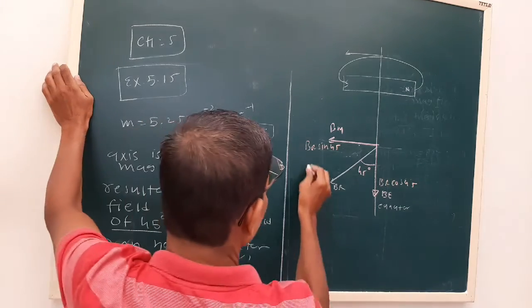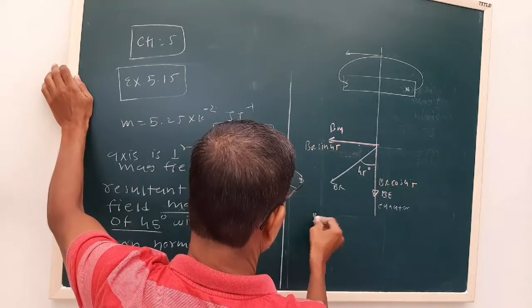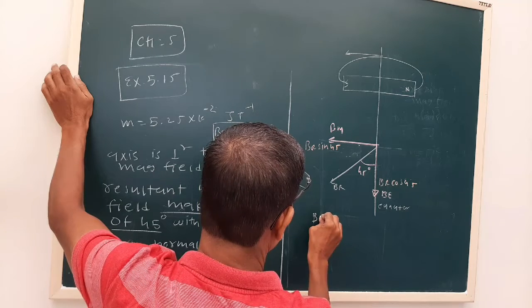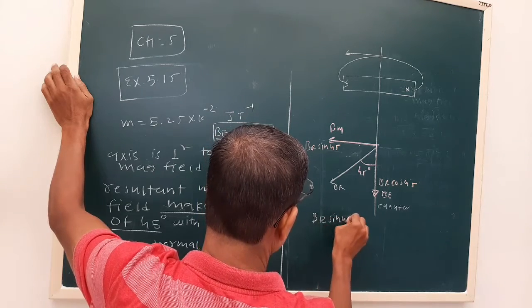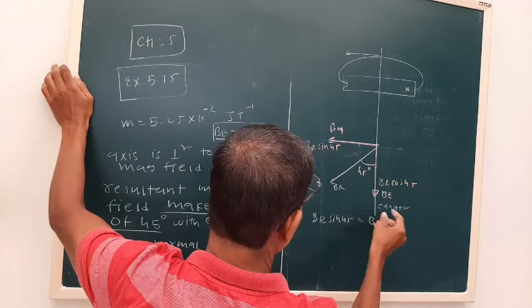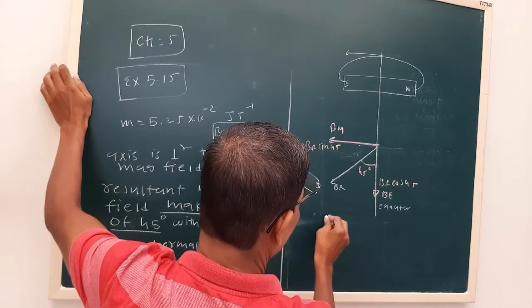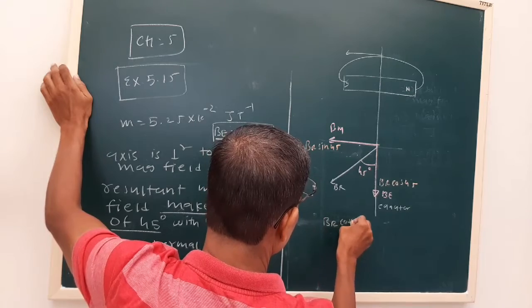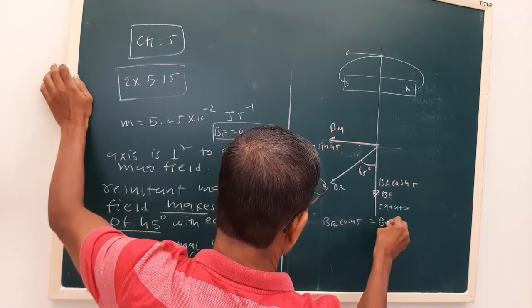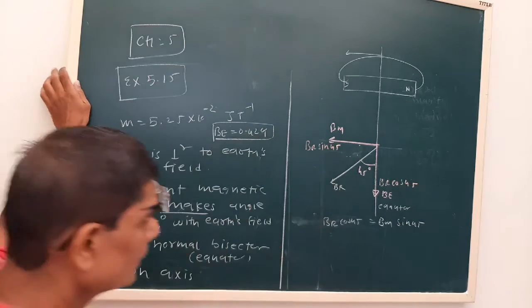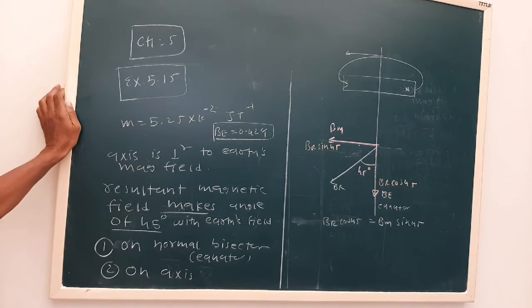So here, see, if I consider BR sin 45 and BR cos 45 and BM sin 45, so BE is equal to BM.